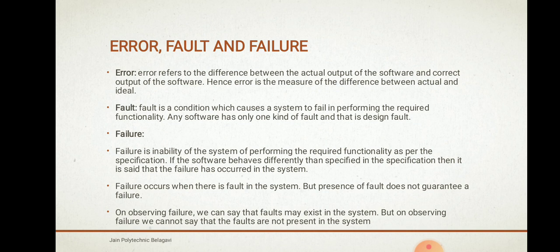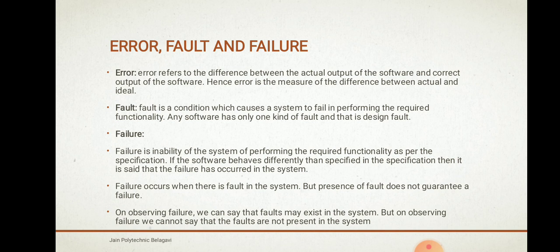The correct output, or you can say the expected output, is one which we are expecting when we enter the inputs, and actual output is one which we get by entering the inputs. So if the actual output and the correct output are not matching, they are different, which means it is an error in the program.